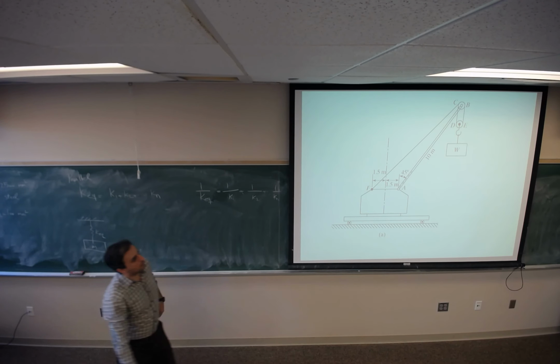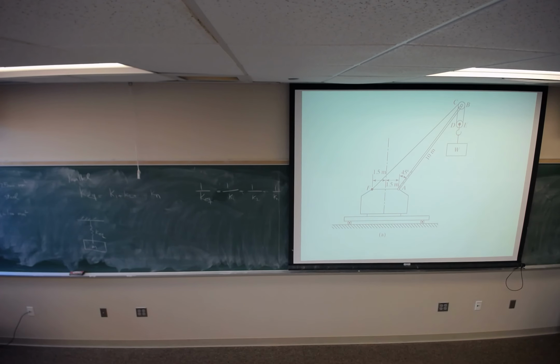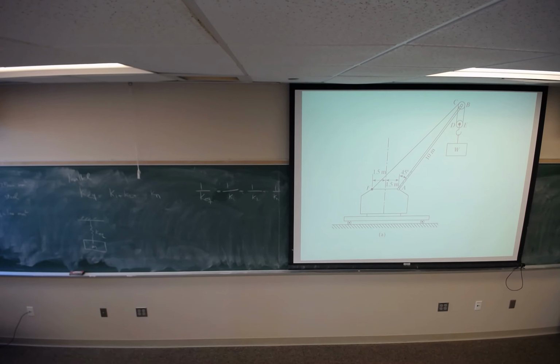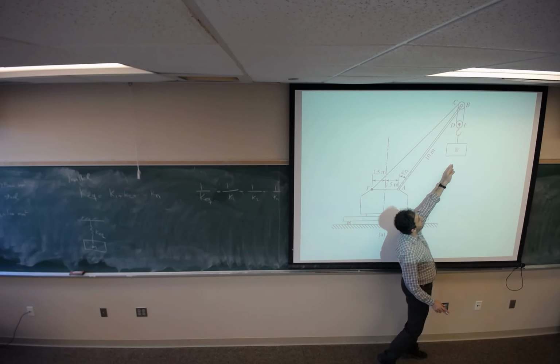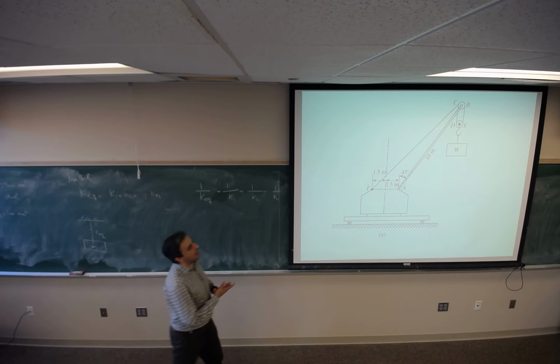So there is a weight that we applied at point E. We would like to model this one with a spring mass system. If you look at this, we can say that boom AB has mass.